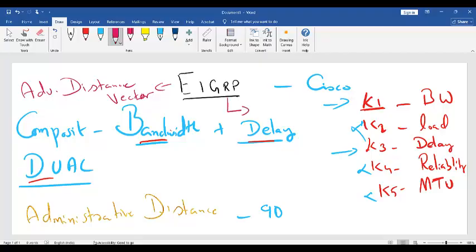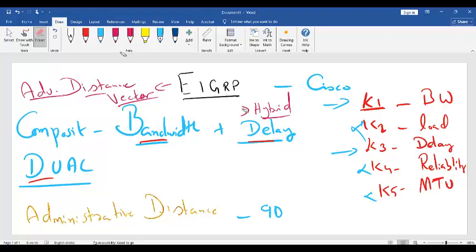In CCNA books, they will say EIGRP is a hybrid protocol, which is not true. Then when you come to CCNP, they will try to prove it is not hybrid, and say this is an advanced distance vector protocol. An unnecessary conversation. So better learn correctly.